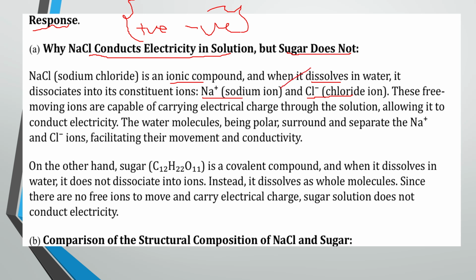So these ions that are given off from sodium chloride are free-moving ions. And since they are free-moving in solution, they are capable of carrying or conducting electrical charge, or what you can call electricity, in solution form, which is going to allow sodium chloride to conduct electricity as a whole. But if you look at the water molecules being polar, they are going to surround the separate sodium ions and the chloride ions, facilitating their movements.